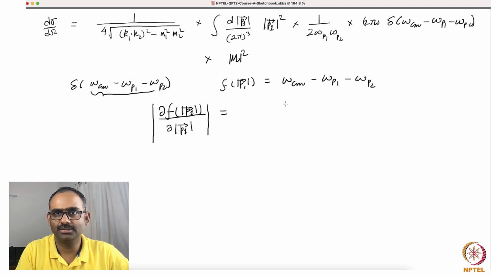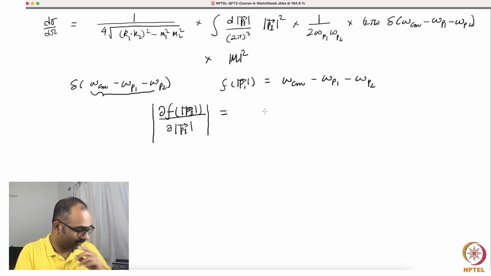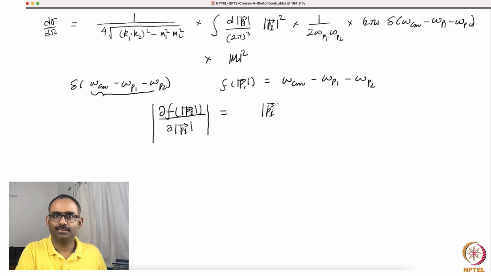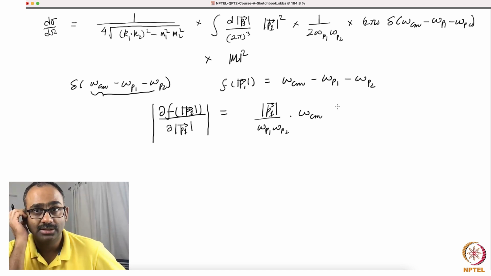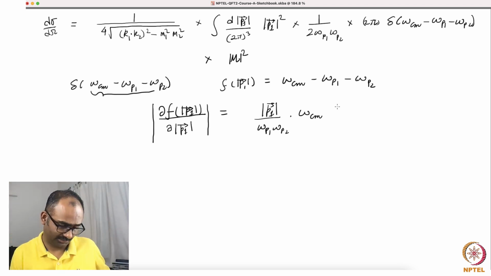This will give you, maybe I'll just write down the final answer because it's very easy: p1 over omega p1 omega p2 times omega cm. You can do this differentiation, it's not difficult.